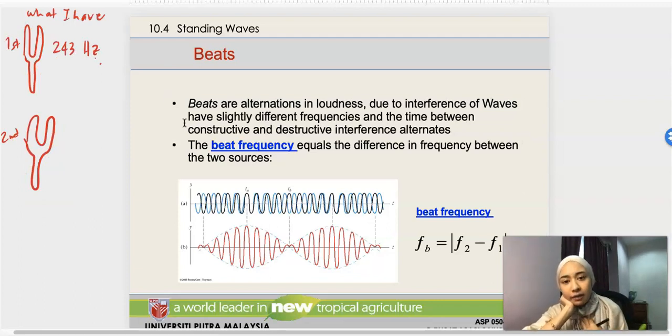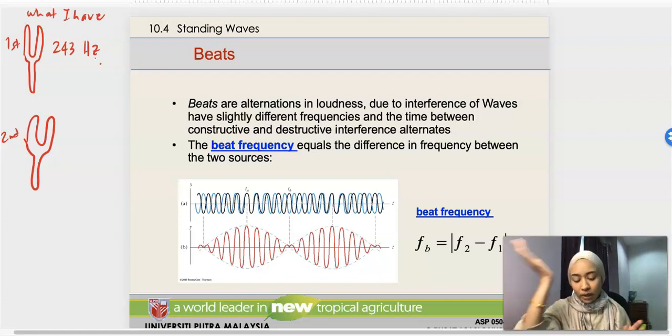So I have a tuning fork. I don't know why I have one, but I have one for this scenario. The tuning fork that I own is 243 Hz. I don't know why I chose that frequency, but I have it. So I went to the shop and I asked the shopkeeper, do you have a tuning fork that is also 243 Hz? And the shopkeeper said, yeah, we have a tuning fork that is 243 Hz.